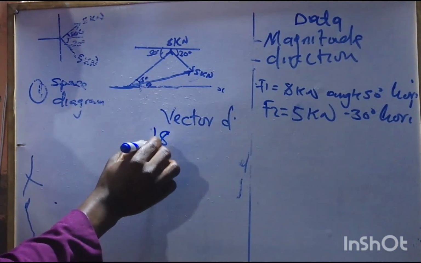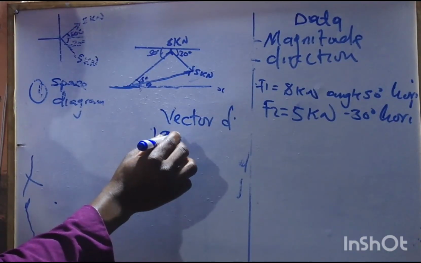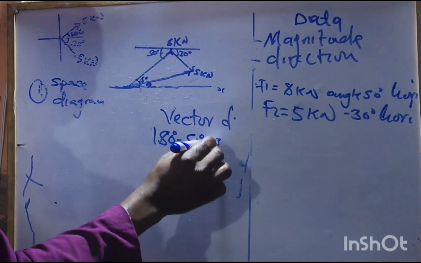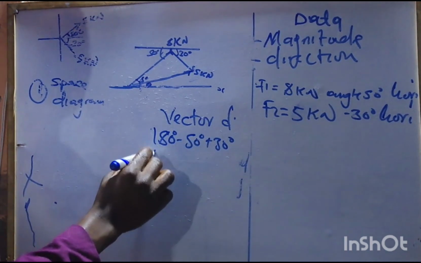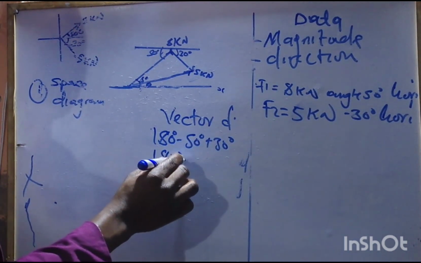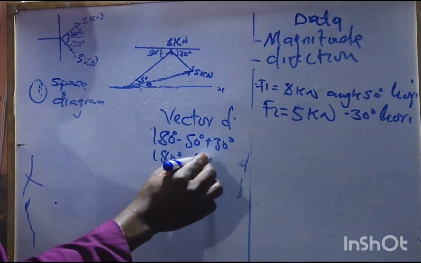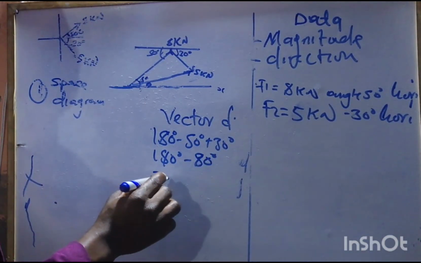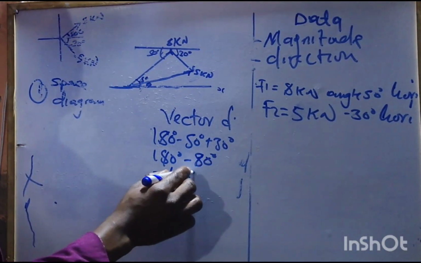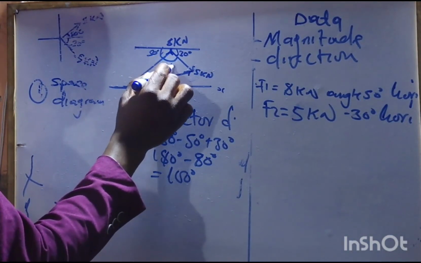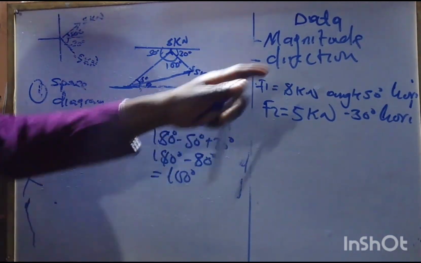So 180 degrees minus (50 degrees plus 30 degrees), which is 180 minus 80, equals 100 degrees. That will be the angle which we are going to use to find the magnitude.